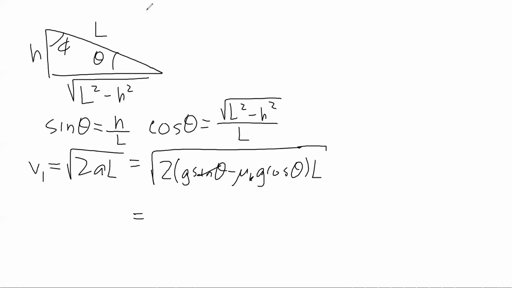I'm going to get rid of that little equal sign. All right. So this is the final answer. It will be square root. I'll leave the square root till the end just because it looks nicer. So it'd be 2G, and that would be sine of theta, which is h over L, but it's going to cancel with the L on the far end, so it'll be h.